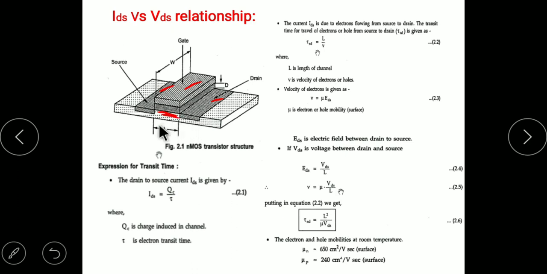This channel has a length of capital L and a width of W, and in between the gate region and the channel there is a layer of silicon dioxide. This silicon dioxide layer has a thickness of capital D. This silicon dioxide acts as a good insulator between the gate region and the channel.